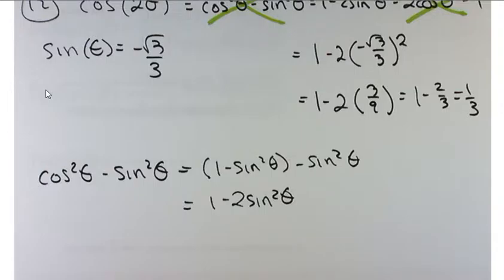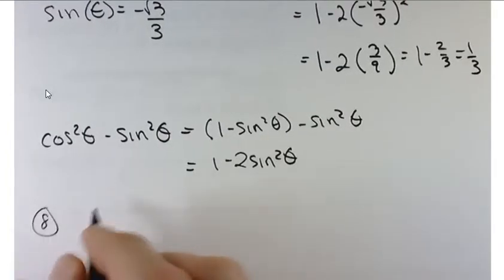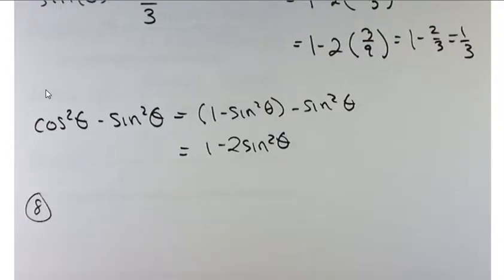Let's practice some more with the double angles. Let's try problem number 8. Cosine of theta is 3/5.